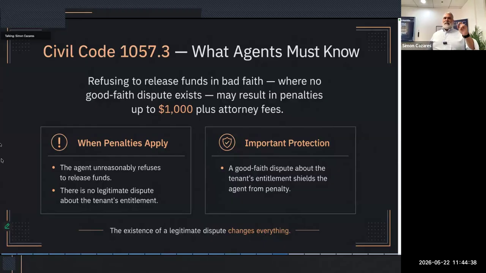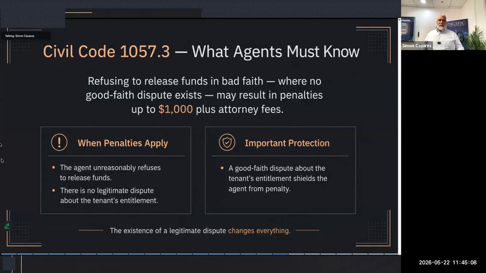Not only is that bad faith, but you may be penalized up to $1,000 plus, and if the buyer hires an attorney, a $2,500 fee on top of the $1,000. If the buyer wins, you as the seller are responsible to pay.